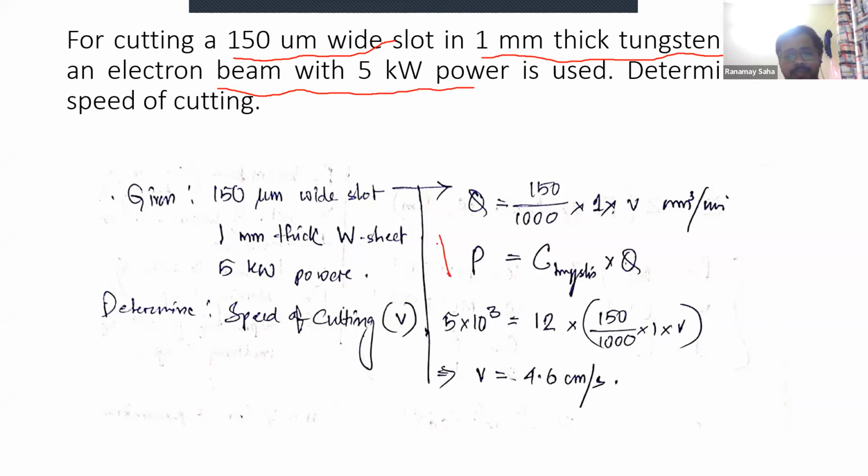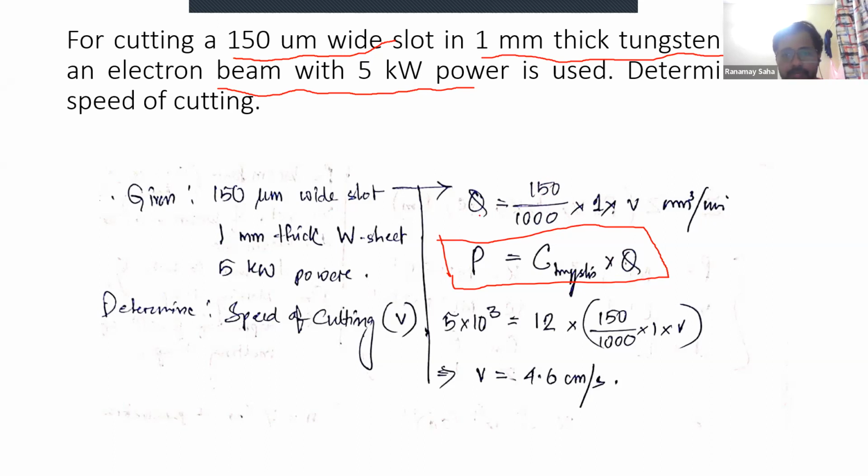So this relation we have discussed. P varies, power varies as a function of CQ. C for tungsten is 12 generally, and Q is your material removal rate. So 150 microns has been given as your slot width.